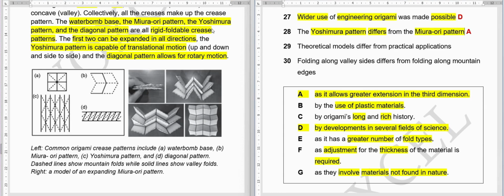The first two basically mean Miura Ori pattern. What does the Miura Ori pattern do? It expands in all directions. But Yoshimura is capable of translational motion, not only up and down but also side to side. That's why it allows for greater extension.